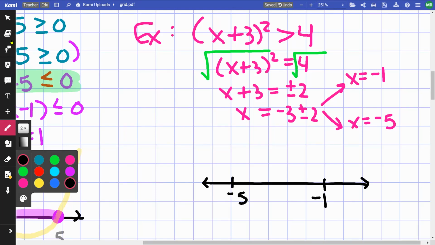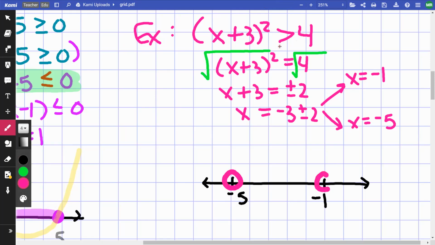Looking back at the original inequality, I want it greater than 4. So right here, these two values would be at a height of 4. Those would make it be 4, so I don't want it to be 4. I want it greater. That means these are going to have open circles. Open circle here, open circle here.